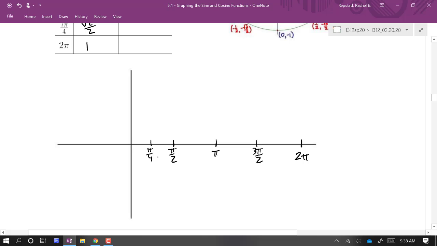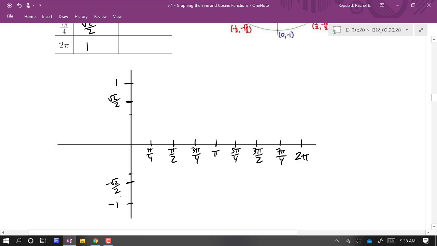There's pi over 4, 3 pi over 4, 5 pi over 4, 7 pi over 4. The range of values is the same. It never goes bigger than 1 or less than negative 1. So here's 1, here's negative 1, and root 2 over 2 is probably around here. Negative root 2 over 2 is probably around there.